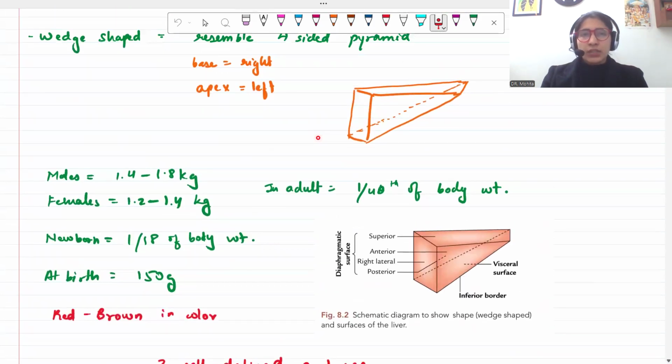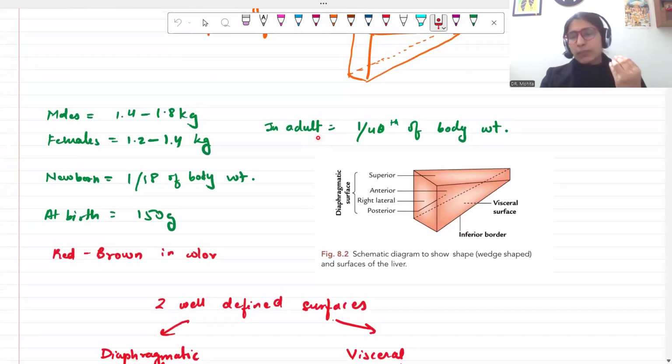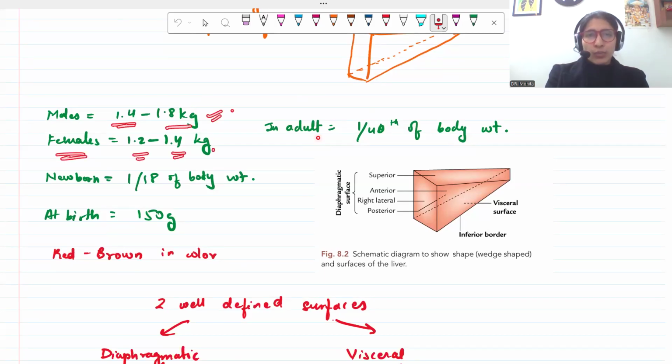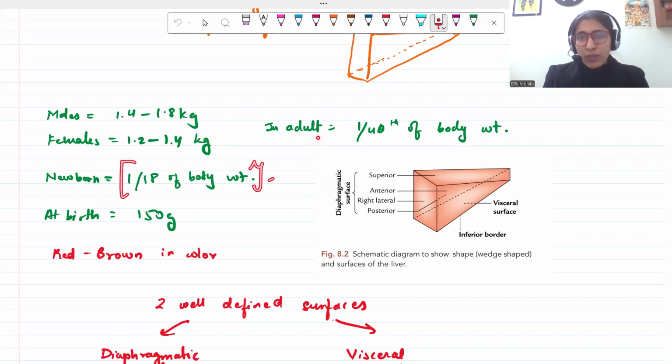Got it? Other than that, simple information that the size of liver in males is 1.4 to 1.8 kgs. In females, it is 1.2 to 1.4 kgs. In newborn, it is constituting 1/18th of the body weight.